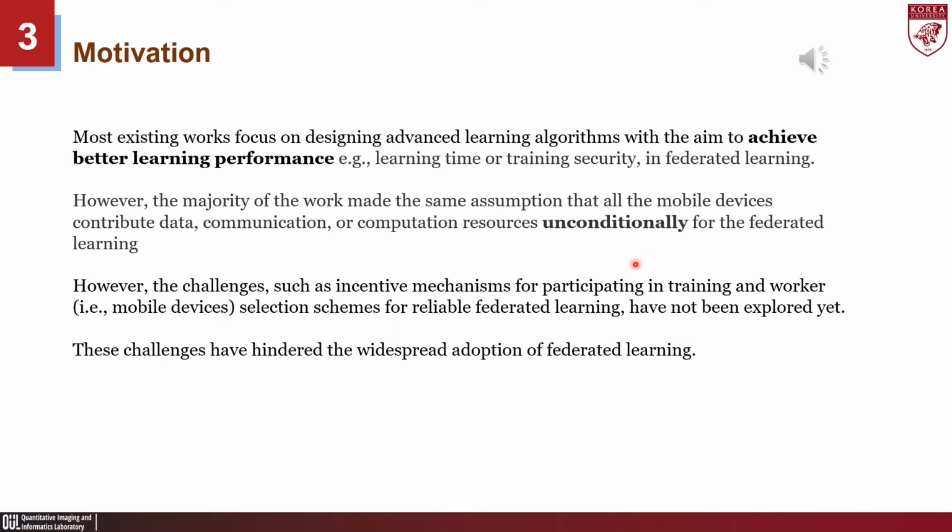However, challenges such as incentive mechanisms for participating in training and worker selection schemes for reliable federated learning have not been explored yet. These challenges have hindered the widespread adoption of federated learning.